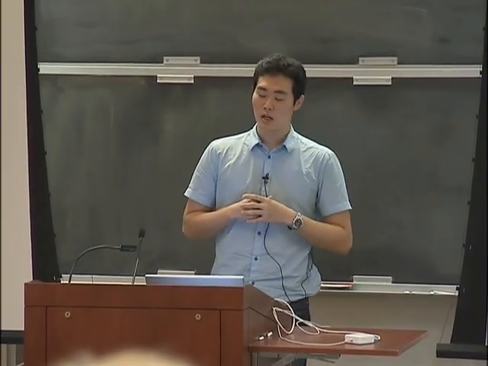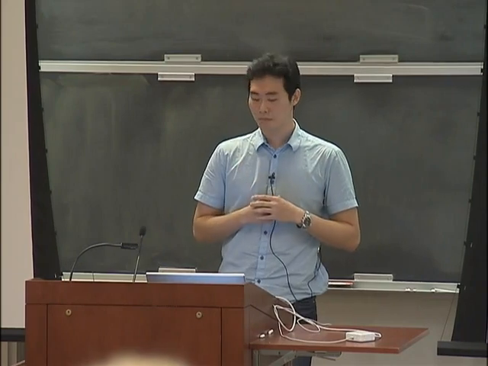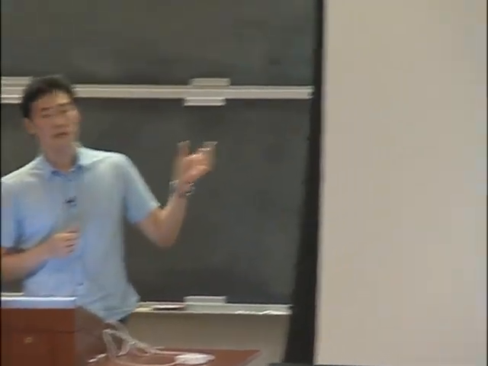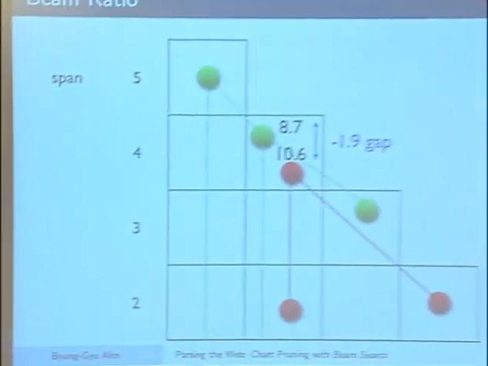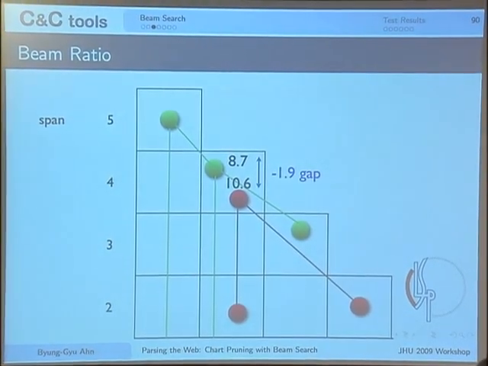But actually, what you want to get is the green dots here. So you measure the gap, which we call the beam ratio. Here it has a minus 1.9 gap, which means if we apply a beam tighter than this minus 1.9 gap, it will eliminate the green dots here. So we cannot get the gold standard oracle finally.